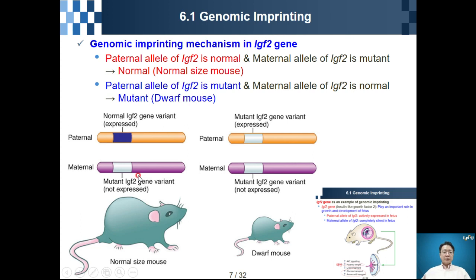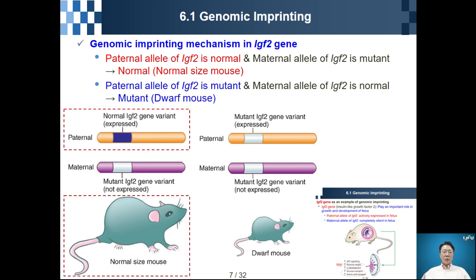In this case, only the paternal allele, the normal IGF2, can be expressed. So this mouse receives enough glucose and amino acids during the fetal stage. That's why the phenotype is a normal size mouse.